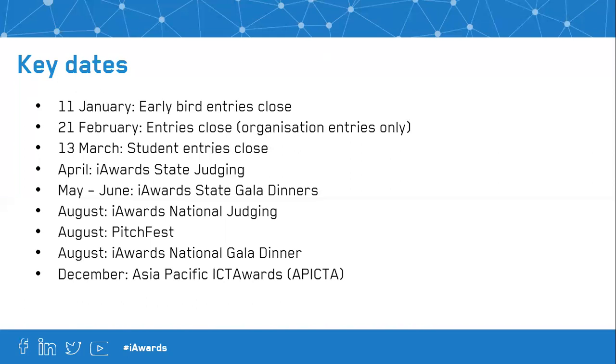And then we continue that evening with our National iAwards Gala Dinner. And there we essentially announce the best of the best within Australia. In December, we have the Asia Pacific ICT Awards, which we also refer to as APICTA, where our National iAwards winners and merit recipients are invited to pitch on the international stage, and it's super exciting.